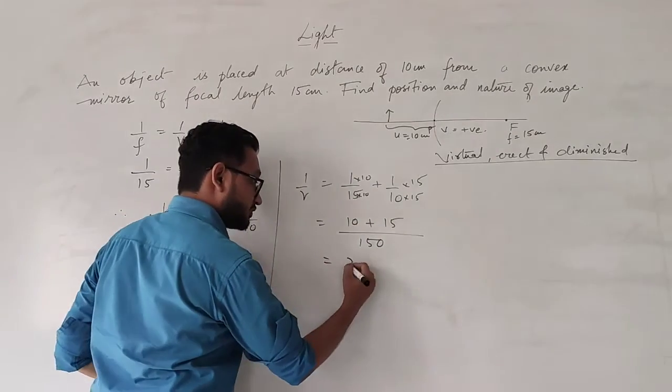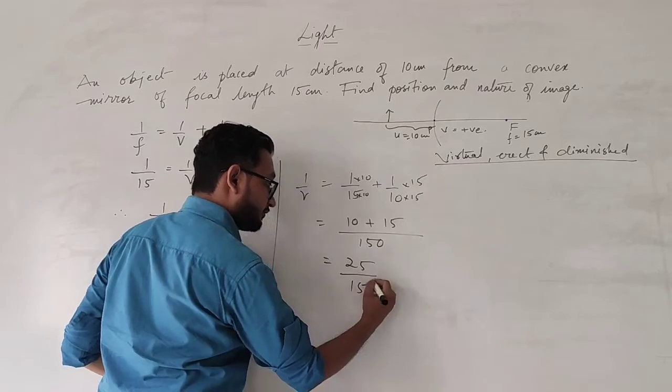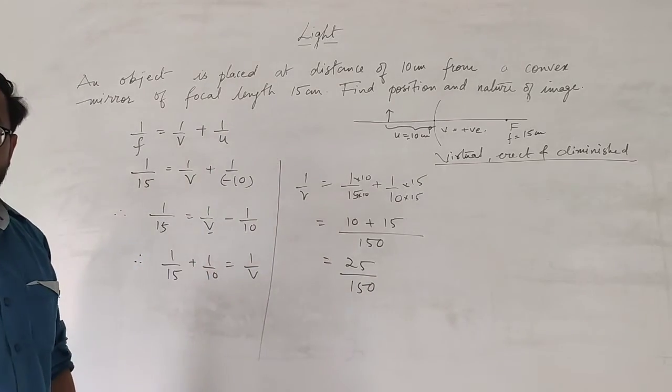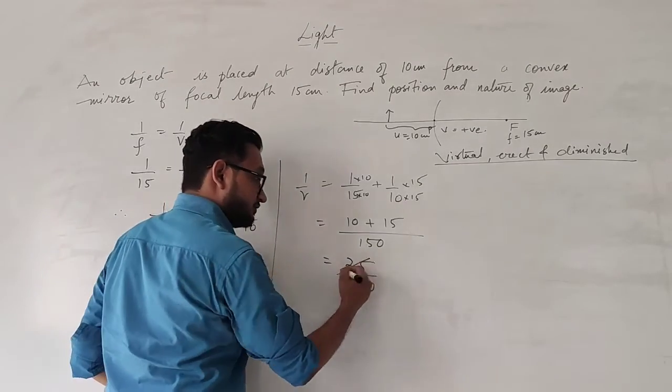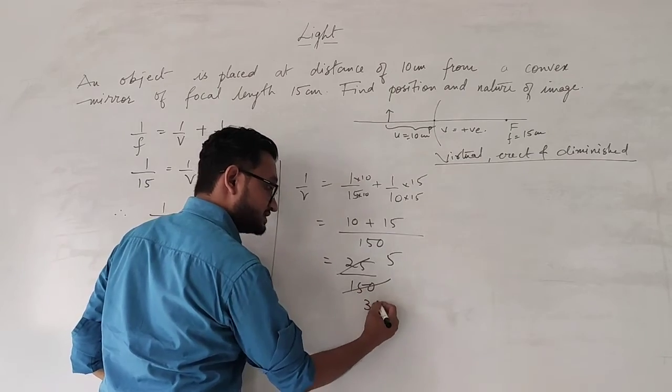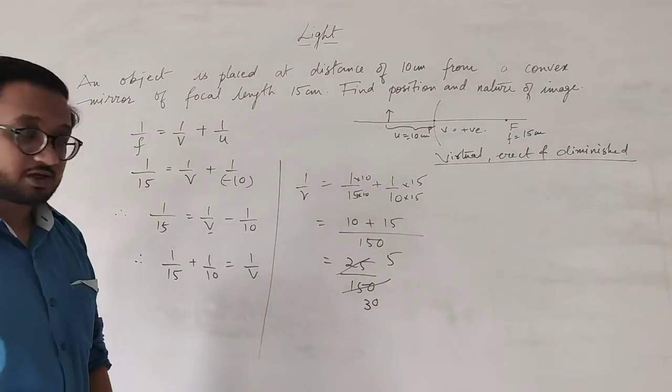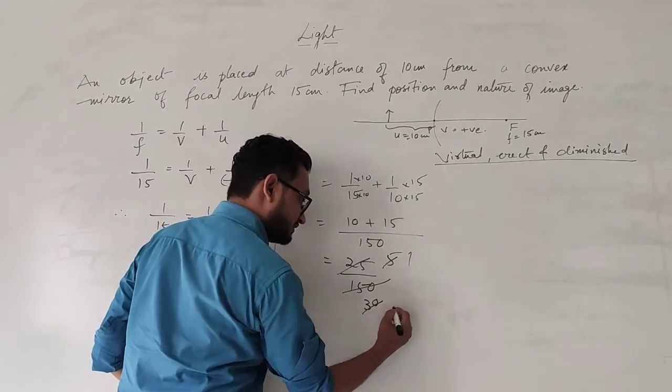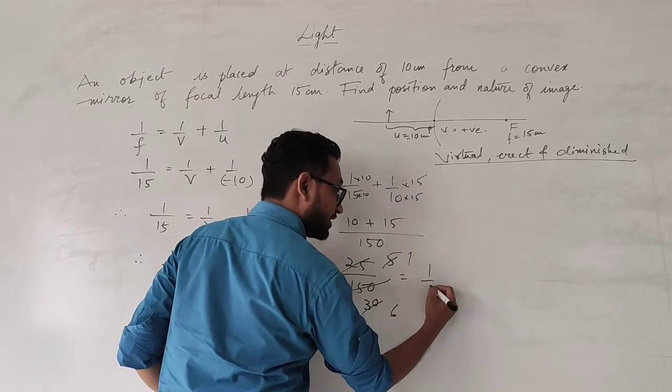So now it becomes 25 upon 150. Okay? 25, 5, 3, 0. Okay? 5 ones are 5 and 5 sixes are 30. So it becomes 1 upon 6.